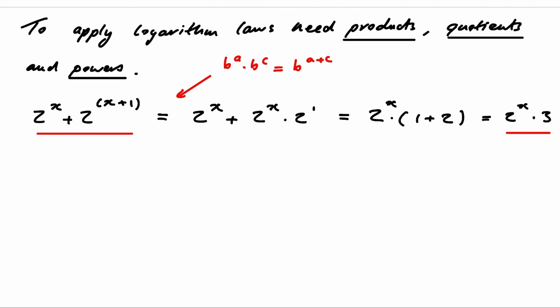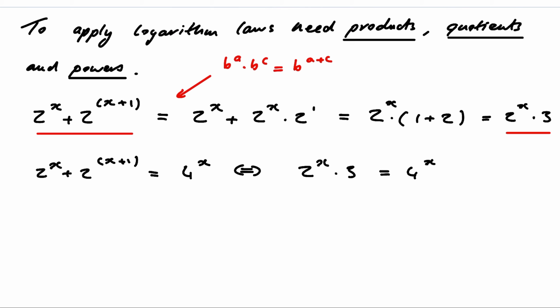As before, this is me just looking at the left-hand side.